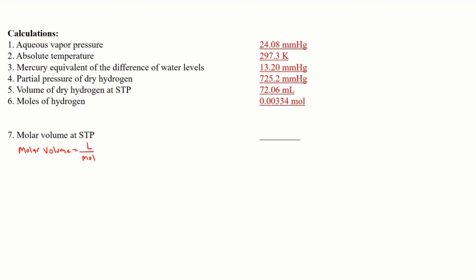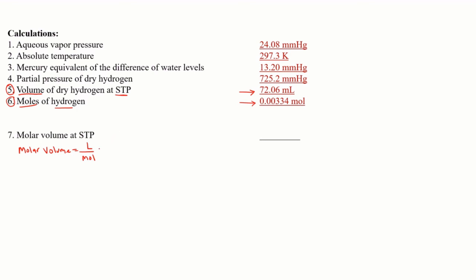Now, we need to know the molar volume of gas at STP. Well, in number 5 of the calculation, we calculated the volume of dry hydrogen at STP, and that is 72.06 ml. In number 6, we calculated the moles of hydrogen, which is 0.00337.